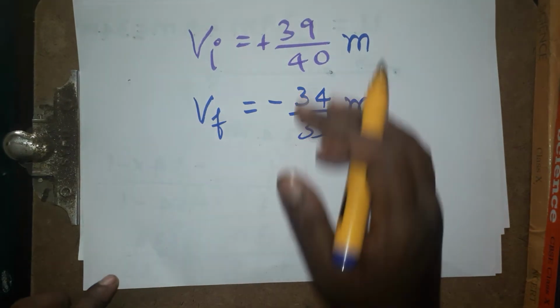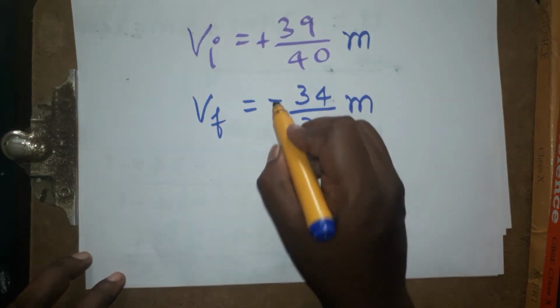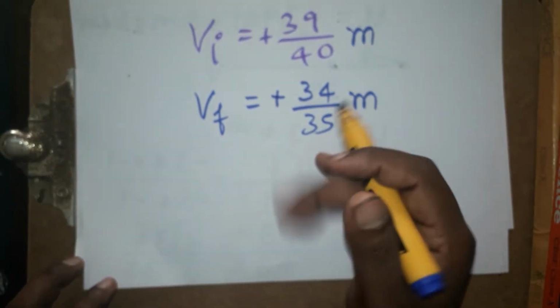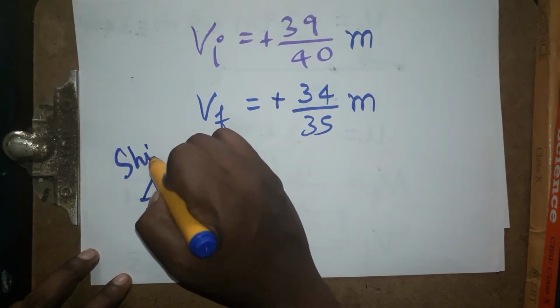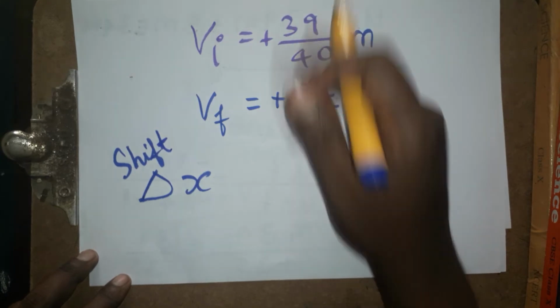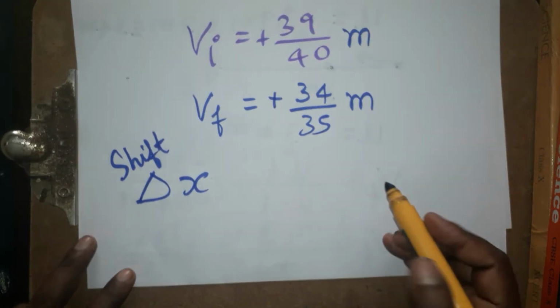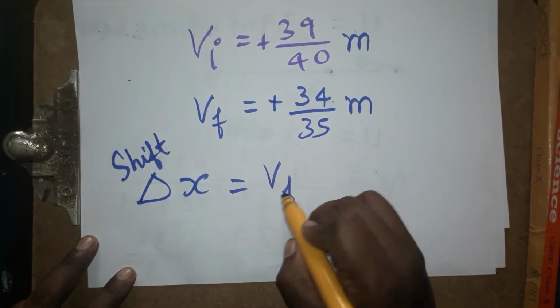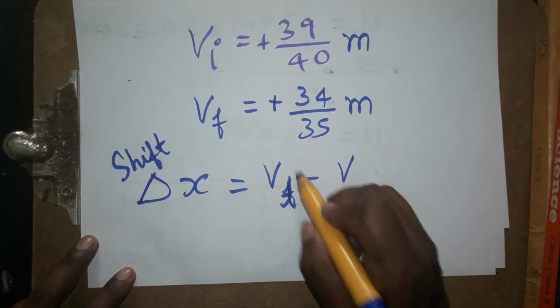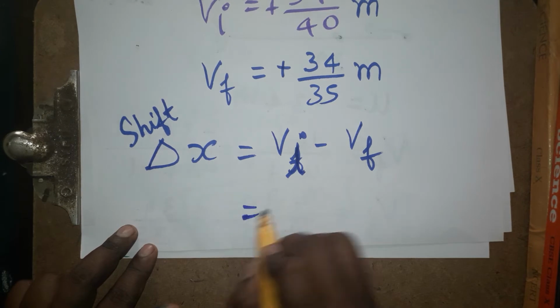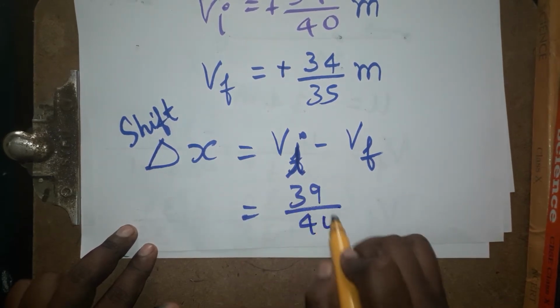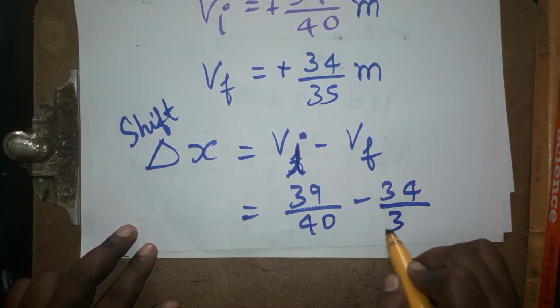Now see here, I am going to measure the changing distance of the image. The changing distance we can also take as a shift. Between the initial and final image distance, we take the change in distance. So v initial minus v final, because initial is greater than final. This is going to be 39 divided by 40 minus 34 divided by 35.